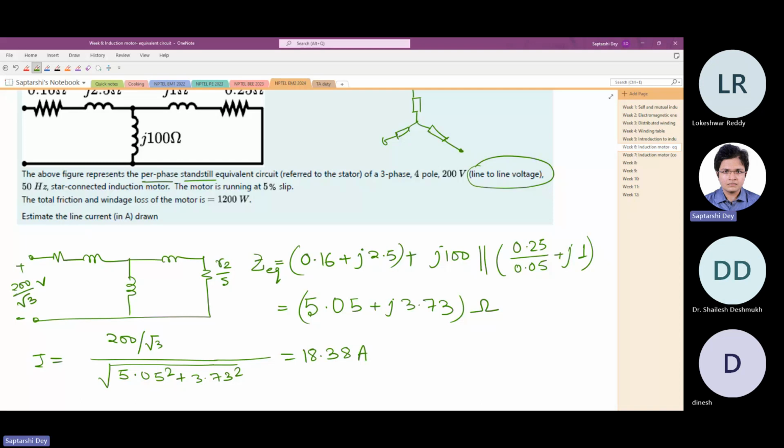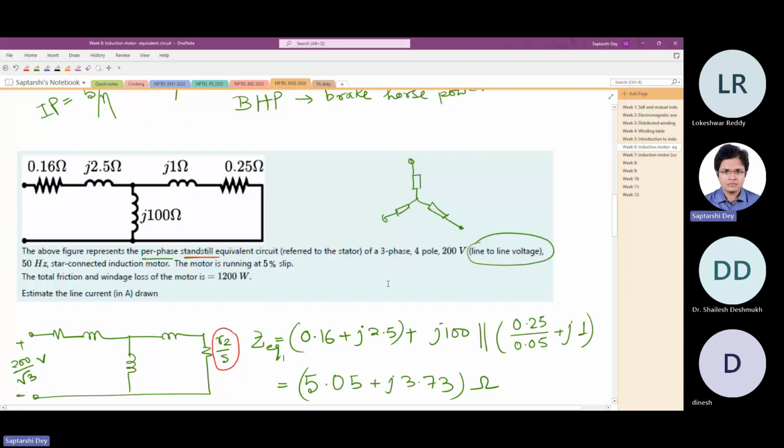So just the calculations here. The only thing to note in this problem is that the given one is a standstill equivalent circuit, so you have to incorporate this.